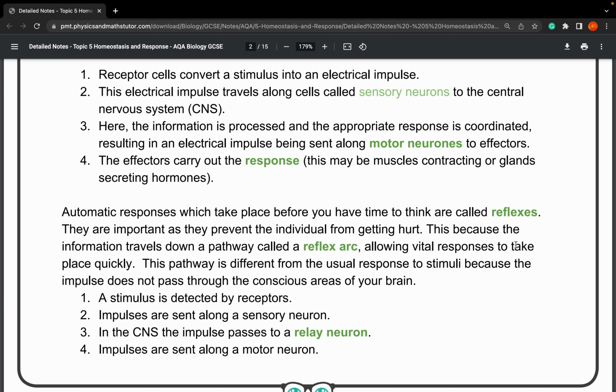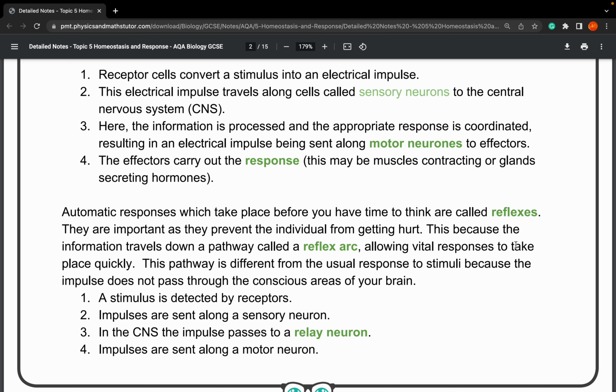Here the information is processed and an appropriate response is coordinated, resulting in an electric impulse being sent along motor neurons.